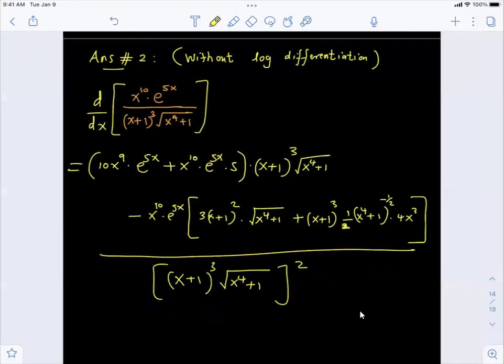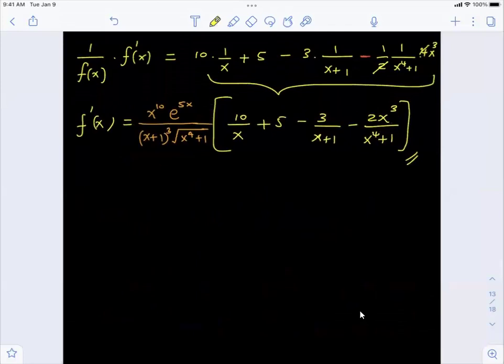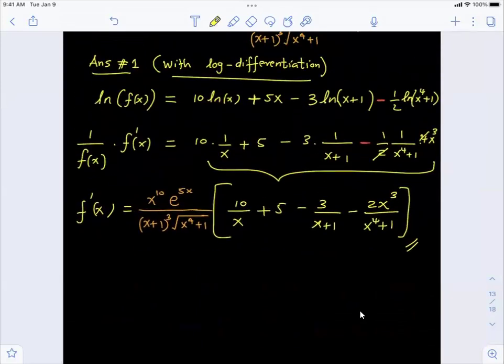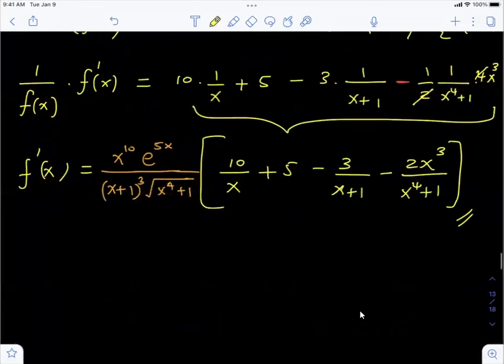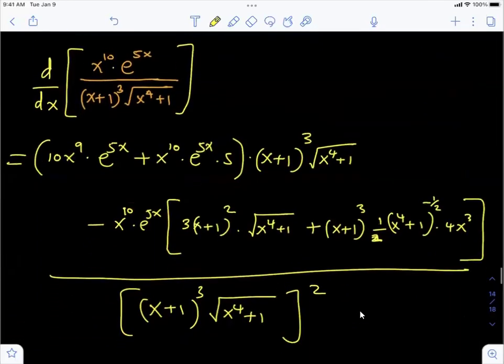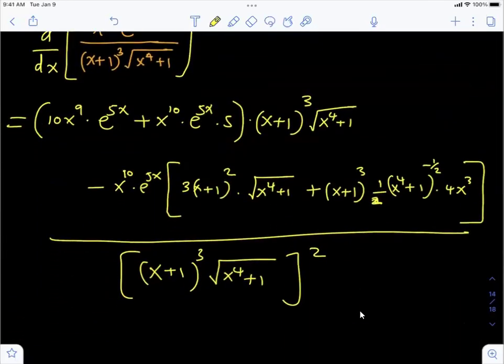But when you look at the logarithmic differentiation approach, it is much more neat and tidy. And if you see a difference in the final answer, it is subject to just a simplification, and it cannot even be seen in this scenario because it's already complicated.